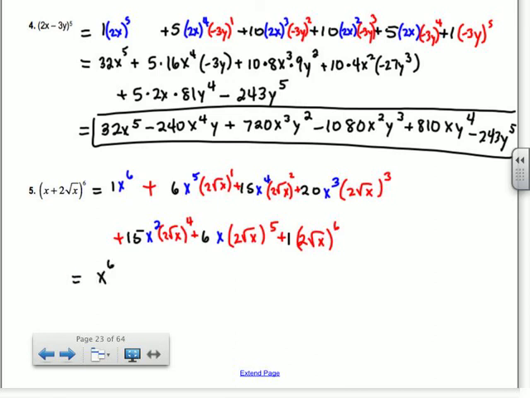So you get x to the 6th plus, you're going to have 6 times 2, so 12, x to the 5th, and then you still have a square root of x.